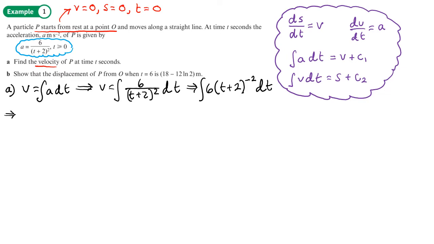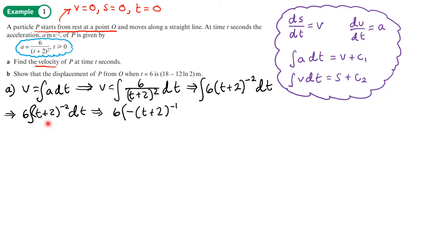We'll move the constant over just to make it slightly easier, like this, and then we can use the reverse chain rule to integrate what's here. So we add 1 to the power, divide by the new power, so we integrate the outside. So that would give us negative (t plus 2) to the power negative 1.